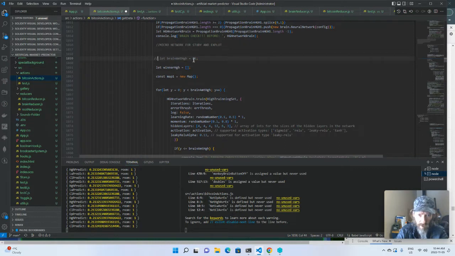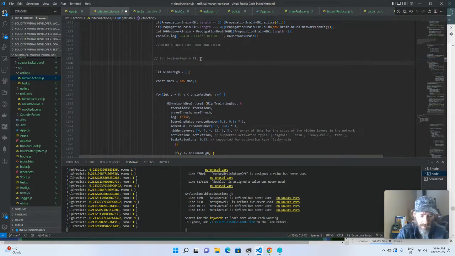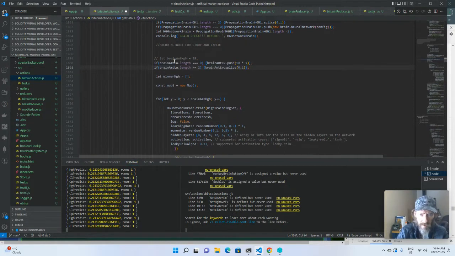I'll hide this for now. Paste. Change those values. Like such. Boom.